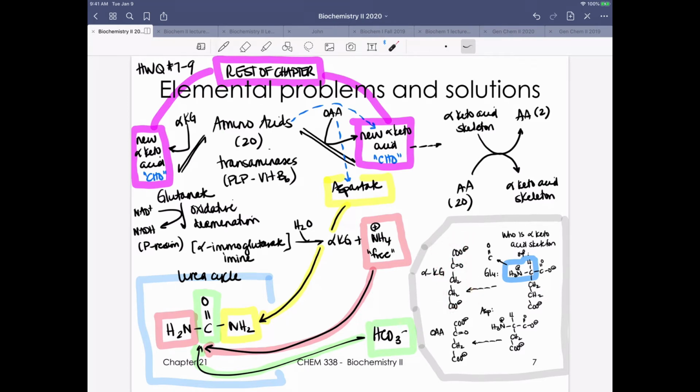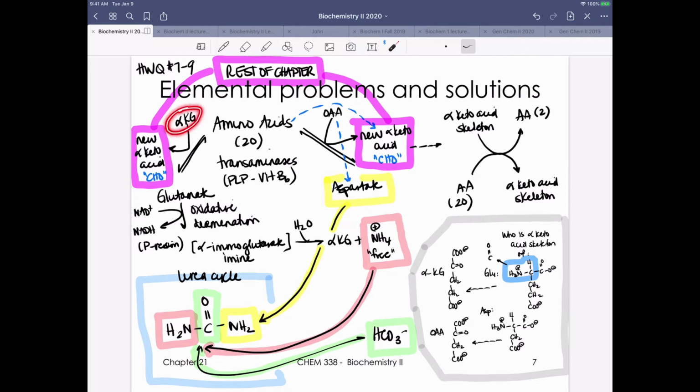One of the skills in this chapter, and why it's still important to know our amino acid structures, is that I want you to recognize that this is the alpha keto acid skeleton of this amino acid. Alpha ketoglutarate is the alpha keto acid skeleton of glutamic acid, and oxaloacetate is the alpha keto acid of aspartic acid.